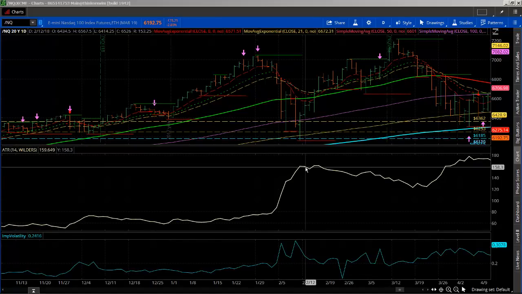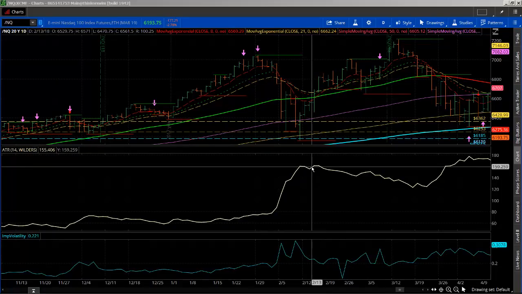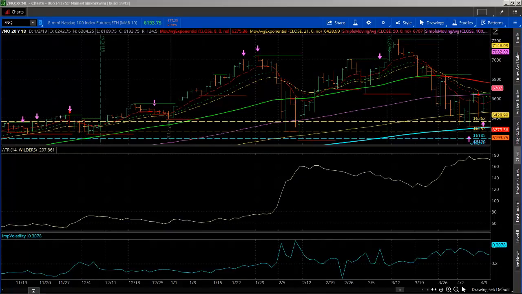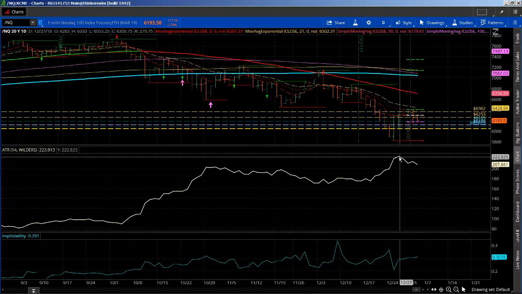When the average range expands, there's a lot of intraday opportunity because these are huge ranges. Where we are currently, the average true range is even greater than it was back in February. We're at a 222 point average true range.